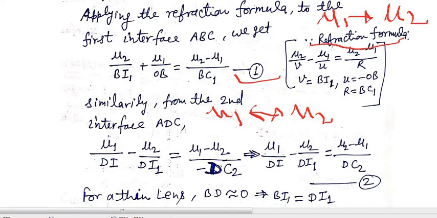Okay, so in this case U is equal to plus DI1, that is the object distance.